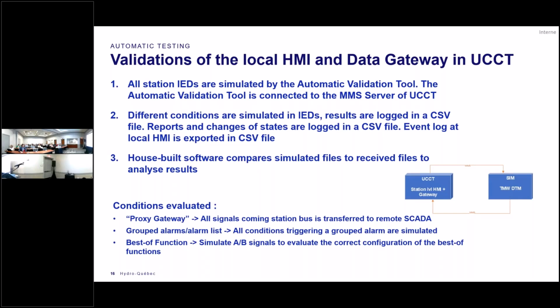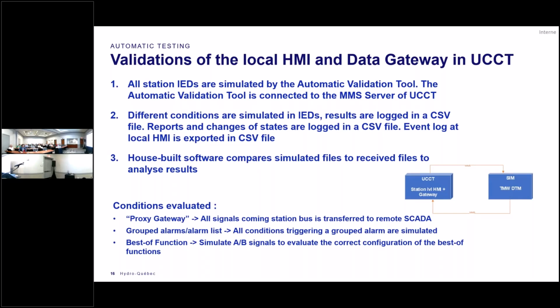So the device related naming on the station network was done so that it was close enough to the function related naming on the remote level so that we could do a correlation between the two. So it was not a perfect match between the ingress of the gateway and the egress, but it was still close so that we could do a pretty good validation of all signals.